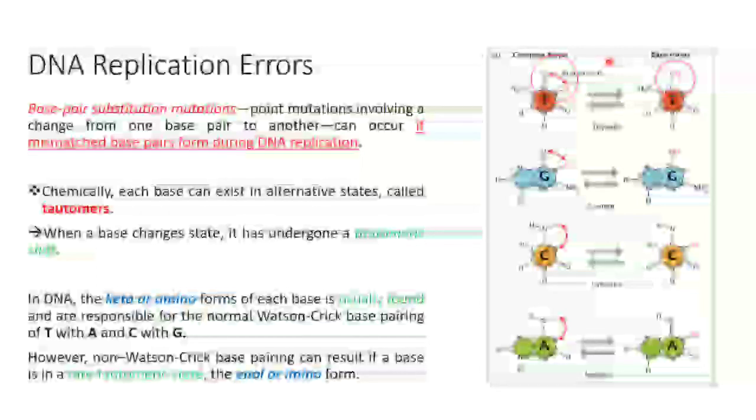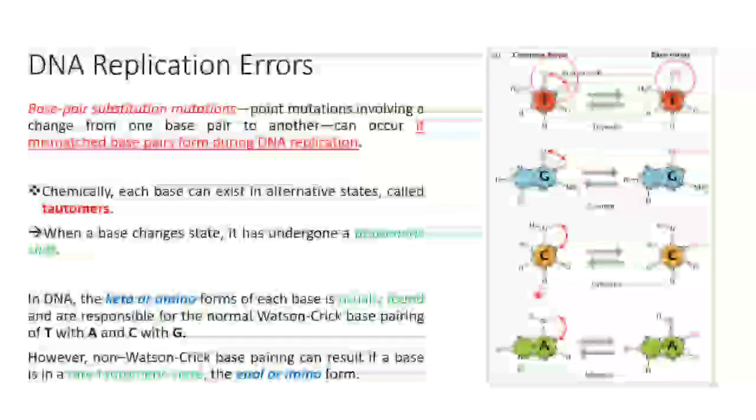This is one form. We have another case, guys, of how we can introduce errors during DNA replication. I want you to look with me at this figure, please. We all know we have 4 different bases: thymine, guanine, cytosine, and adenine. These 4 different types of bases are present in a normal common form.